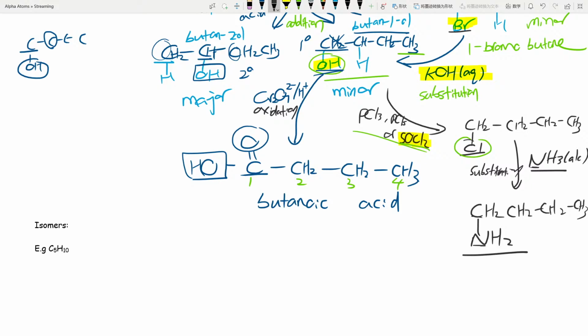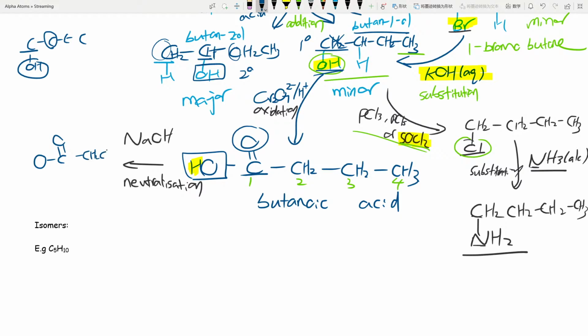Okay, and butanoic acid does one more thing. If I react this with sodium hydroxide, this is going to be a neutralization reaction, or acid and base reaction from year 11. But remember, how do we determine something is an acid? They will lose the H plus ion, because that's what all acids do, and then it will be COO.